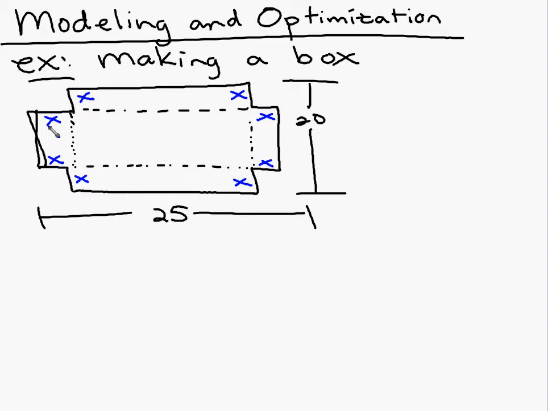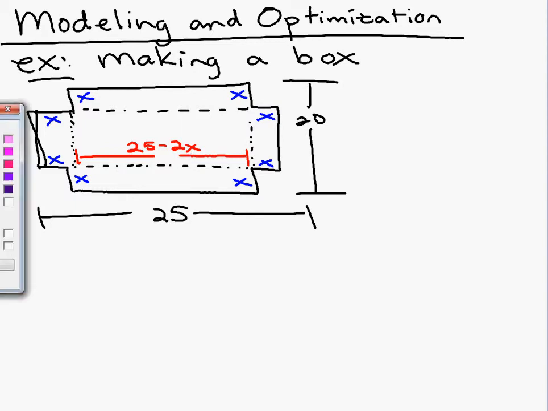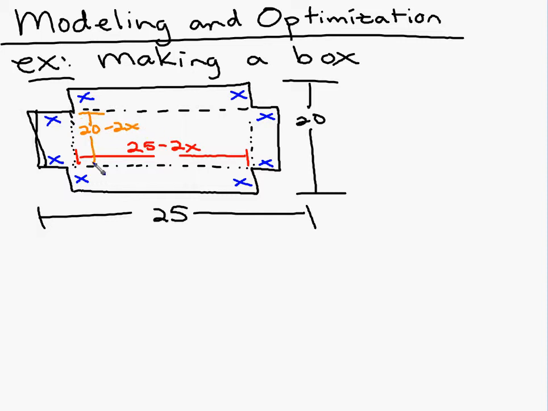So if I do that, what is this length in here? 25 minus 2x. Very good. And then the other length would be 20 minus 2x. This one running this direction.